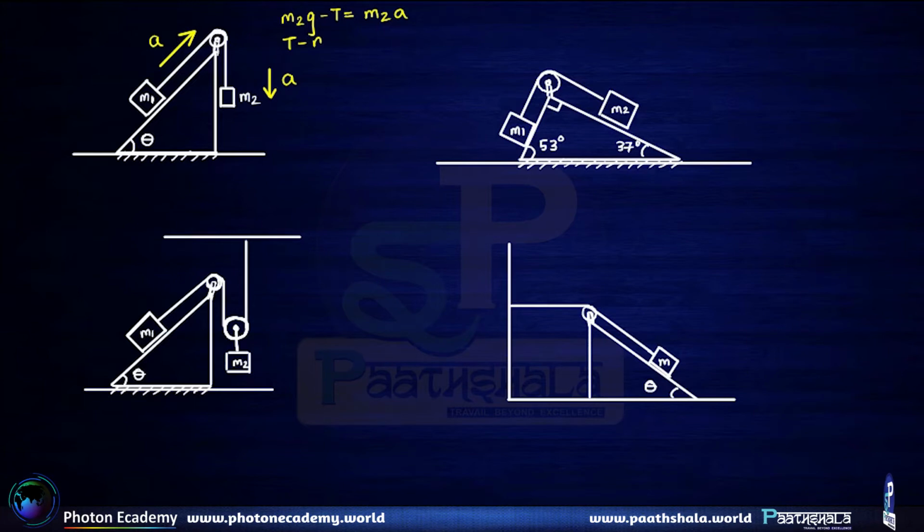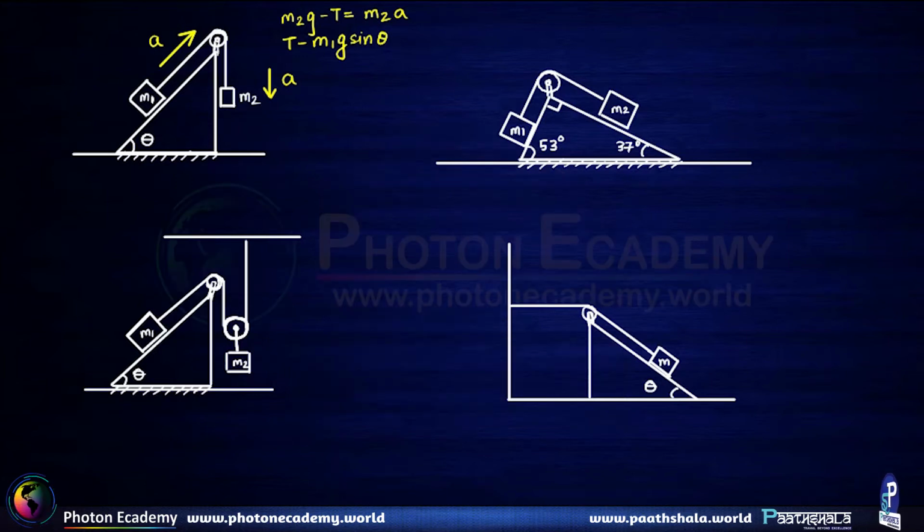t minus m1g sin theta, because m1g sin theta is the component of the force of gravity. The force of gravity is m1g in the downward direction, and its component along the plane happens to be m1g sin theta.